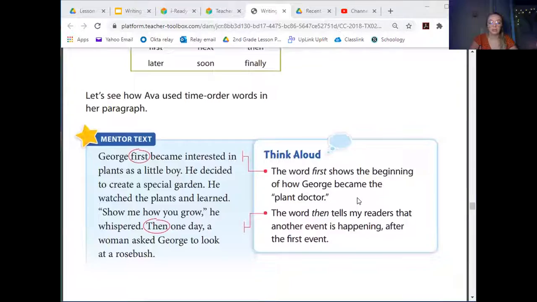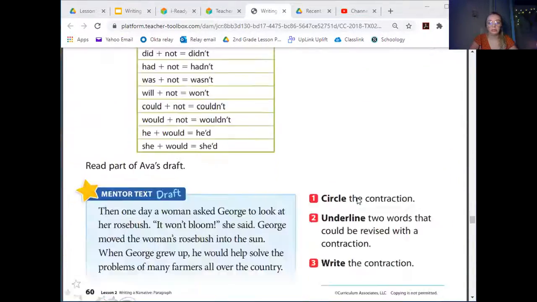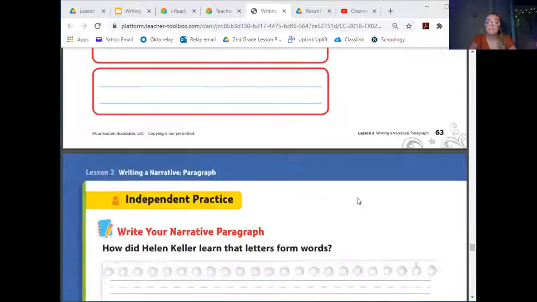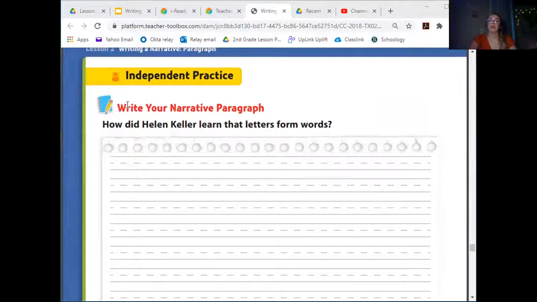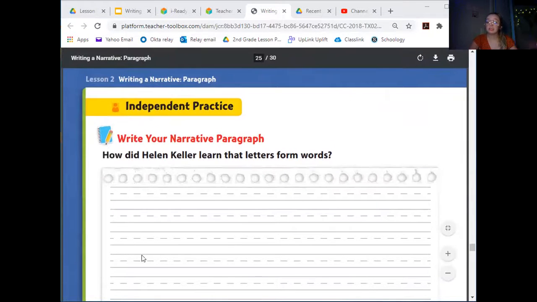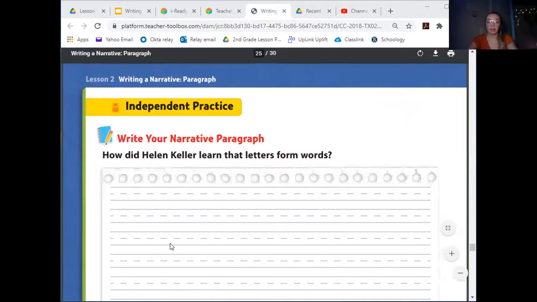So I want you to turn to page 64 in your book. Right here. And it gives you space to write your paragraph.